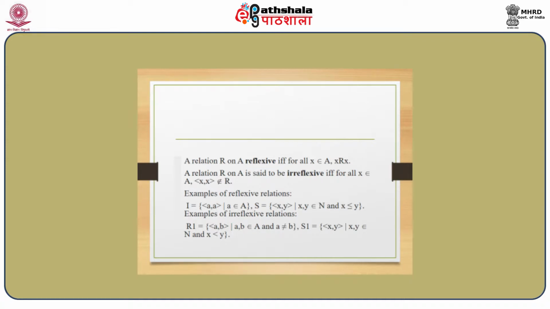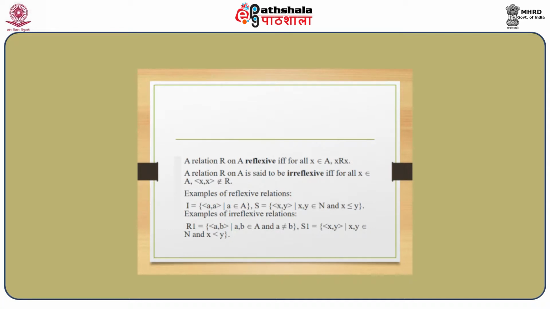Examples of reflexive relations include the identity relation, the set consisting of all ordered pairs (a, a) such that a is a member of A, and the relation S defined as the set of ordered pairs (x, y) such that x and y are in the set of natural numbers and x is less than or equal to y.